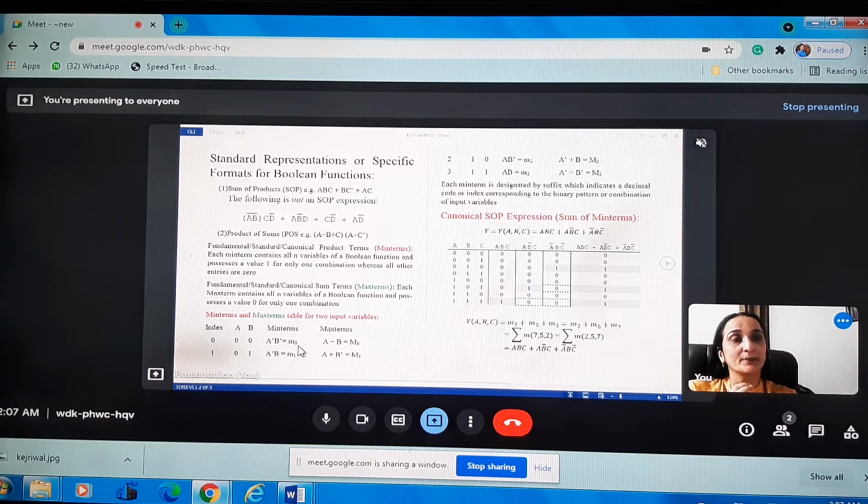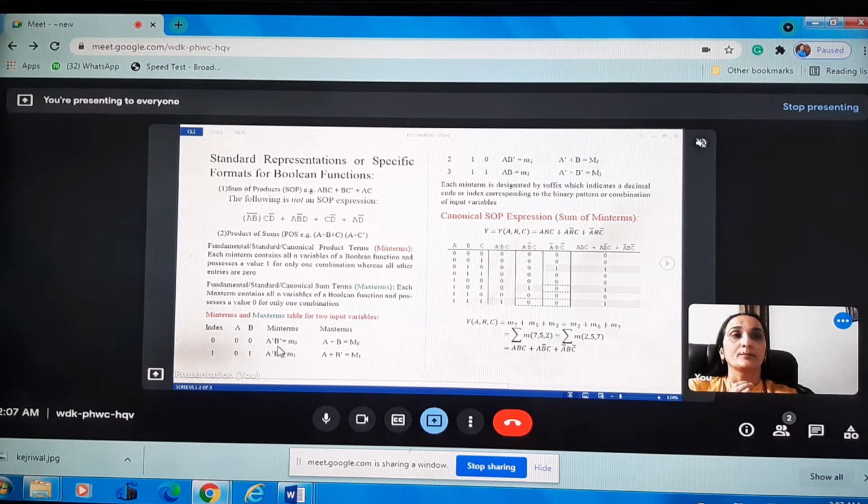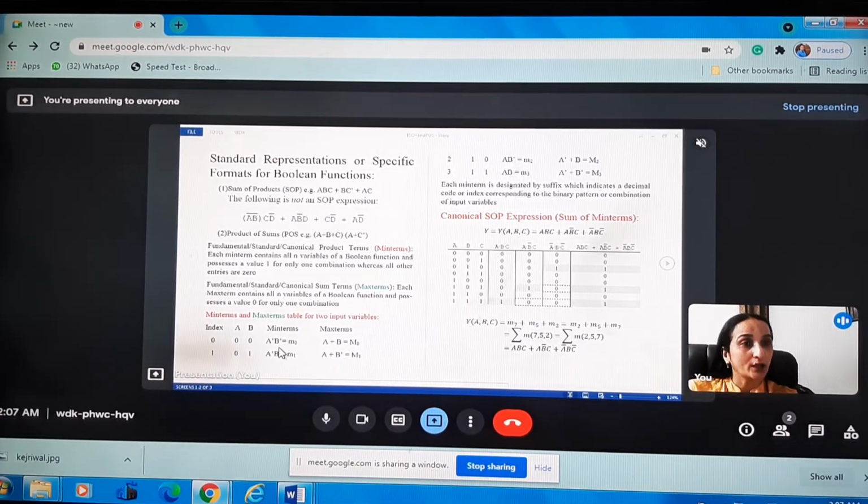So this min term will output 1 when A bar is 1 and B bar is 1, since 1 dot 1 is 1.